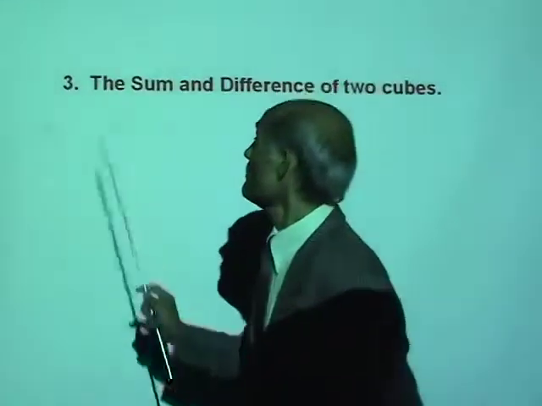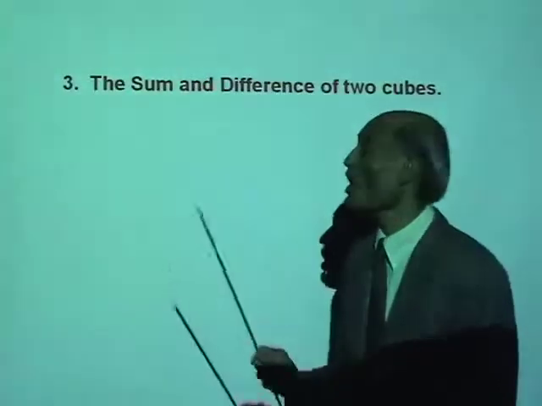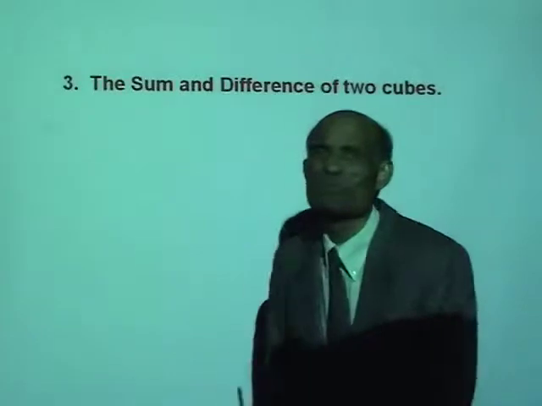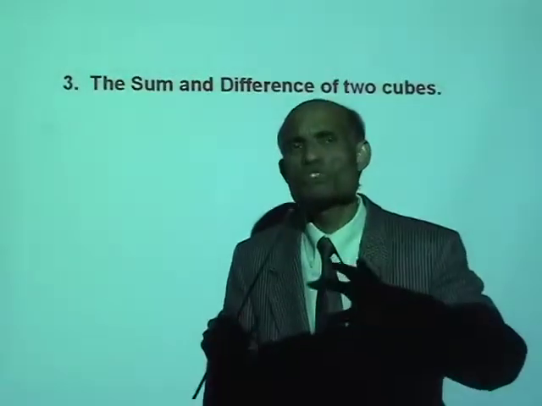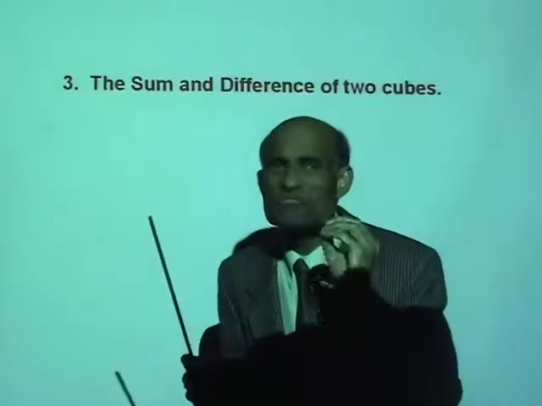Now, the third special type of factoring is called the sum and difference of two cubes. Now, I don't want you to pay a lot of attention to it, but it'll be nice to know this.